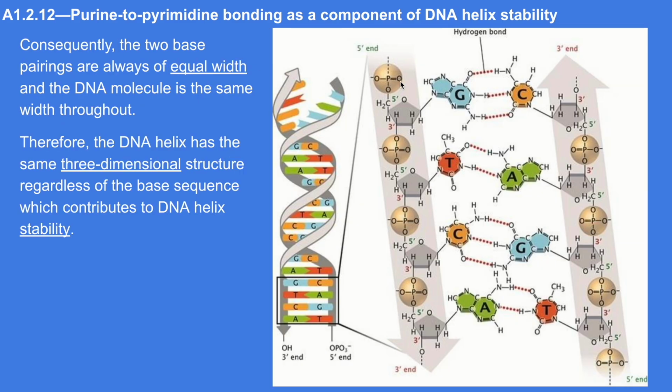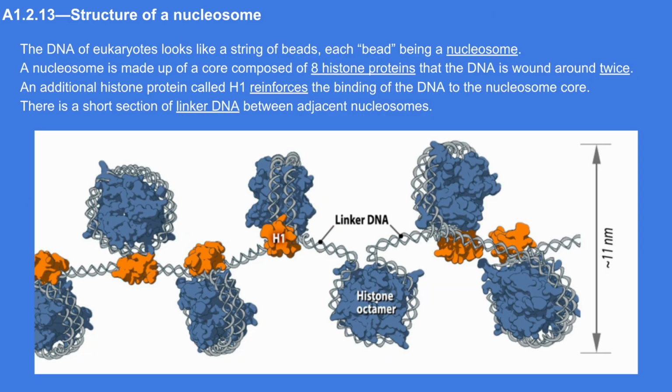All right, so our consequence again of always having a purine bonded with a pyrimidine is that stable, equal width all the way through the three-dimensional double helix structure. So earlier we talked about how 2 meters of DNA has to fit into a tiny microscopic nucleus of a cell.